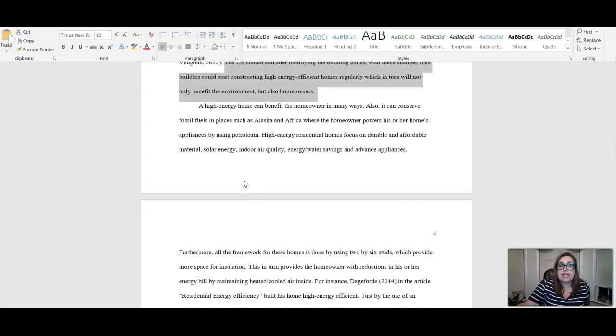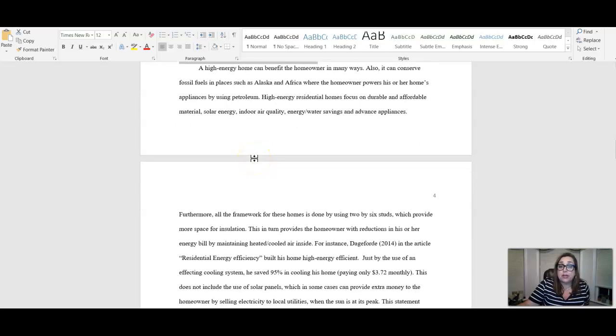Next, we're going to see that he has a background paragraph where he includes some information about conservation of energy and residential home information, just trying to build some structure to the argument so that the reader is invested and knowledgeable about this topic.